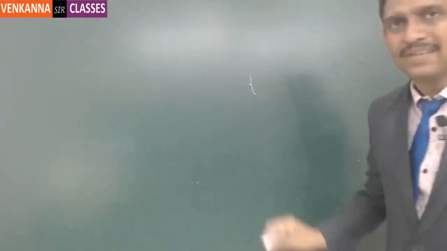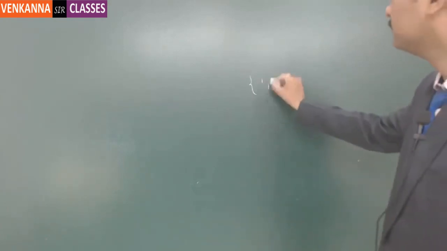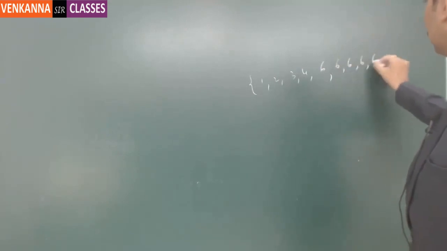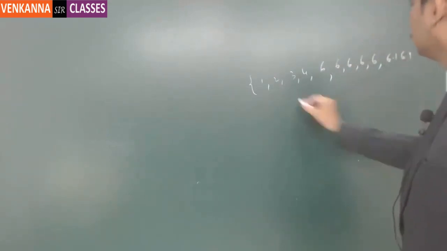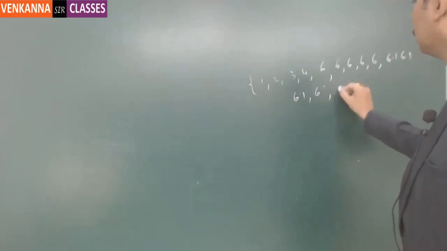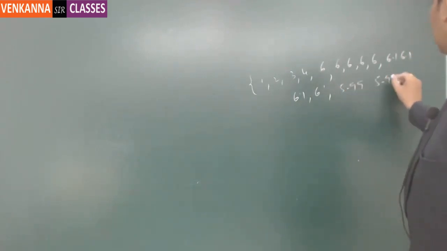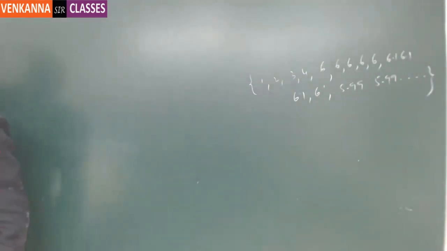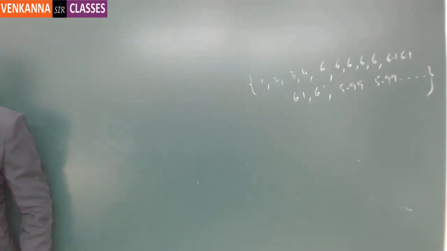That's why I said, just understand, if this is my sequence Sn, it is convergent. What does it mean? This is the convergent sequence. Accepted? What is the limit of the sequence there? 6.